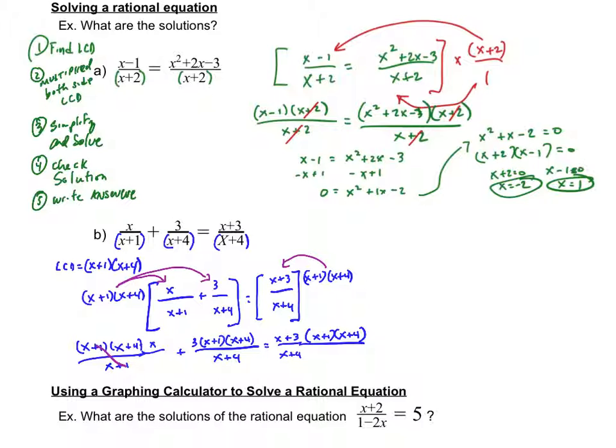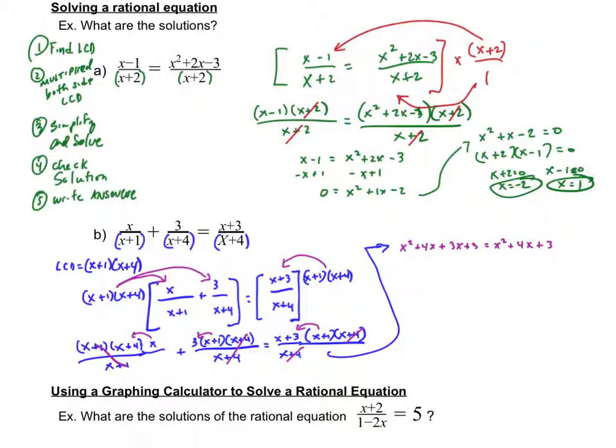So (x + 1)/(x + 1) becomes 1, (x + 4)/(x + 4) becomes 1, and (x + 4)/(x + 4) becomes 1. And now I'm going to rewrite that up here, and while rewriting it, I'm going to perform all my multiplication operations because I'm ready to combine like terms.